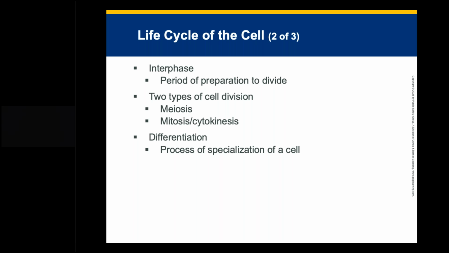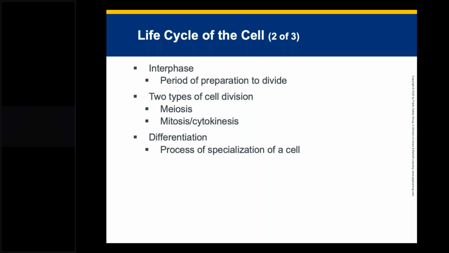The cell then moves to cell division and cytoplasmic division as it gets ready to divide in two. Meiosis, mitosis, and cytokinesis are different types of cell division.